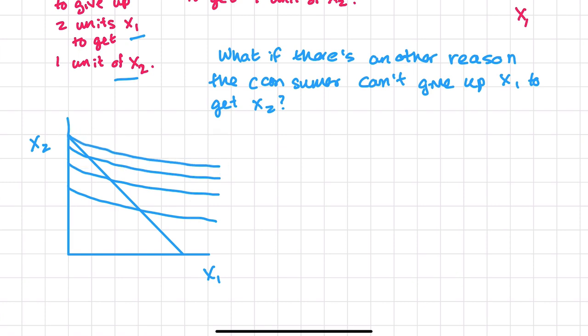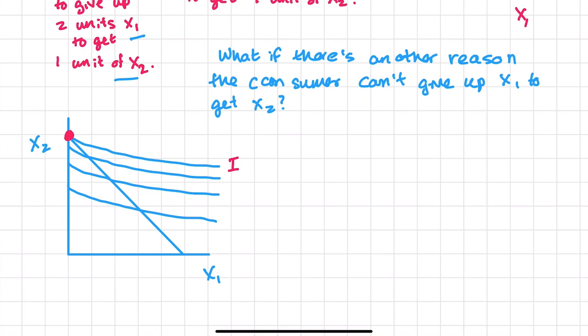Bring this up a little bit. So if our indifference curve looks like this, then it's possible we could be at this. So this is the highest indifference curve where this bundle gives us the highest utility, and it's still on the budget line. This is the optimal bundle right here.